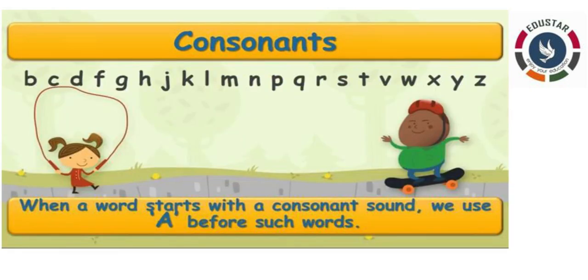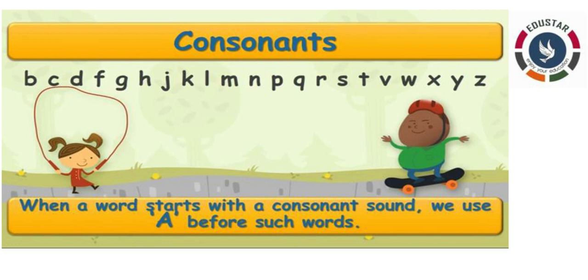Other than A, E, I, O, U, the rest of the alphabet is known as consonants. B, C, D, F, G, H and so on are consonants. When a word starts with a consonant sound, we use a before it.